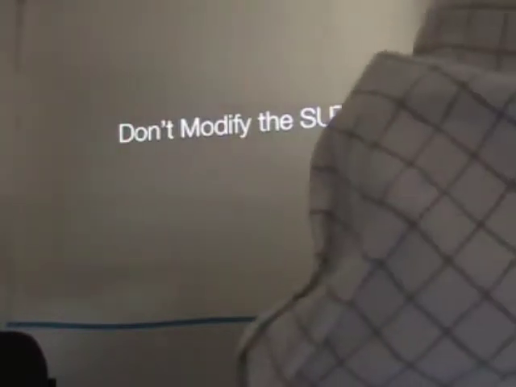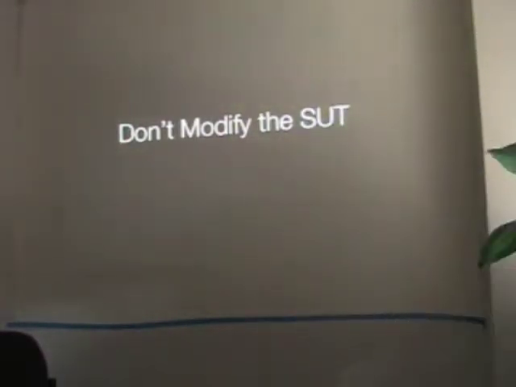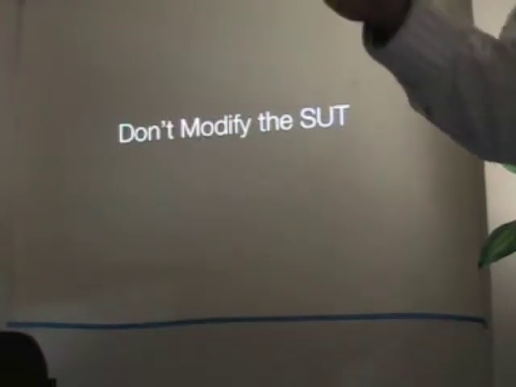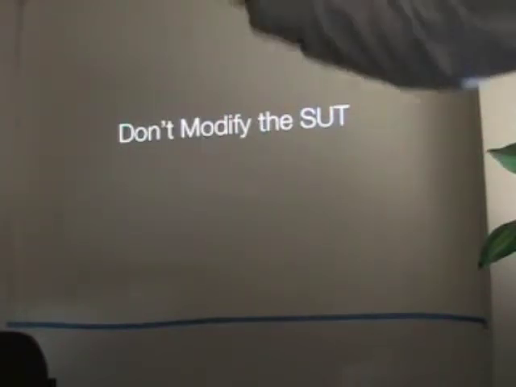I've seen this a lot. For instance, in one of the projects we have a lot of tests, and suddenly some tests started breaking. So what he did was he went into the production code and put in an if Rails env equals test, skip this line of code.